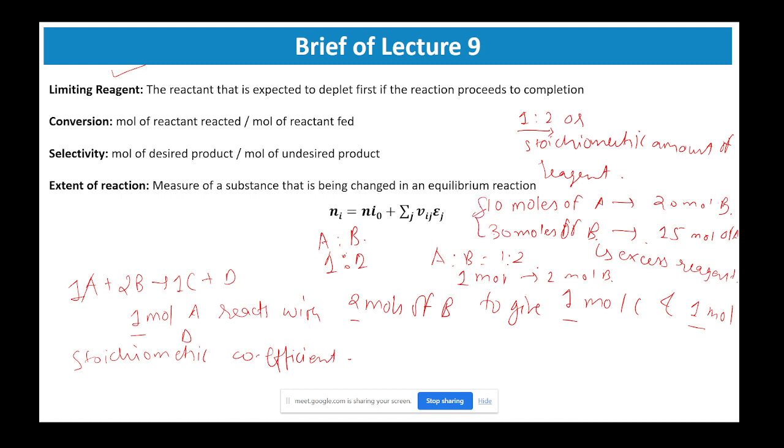Feeding 10 moles of A and 30 moles of B, for every mole of A getting consumed, there will be 10 moles of B left. A will be consumed first, so this will be the limiting reagent, and B is the reagent in excess.